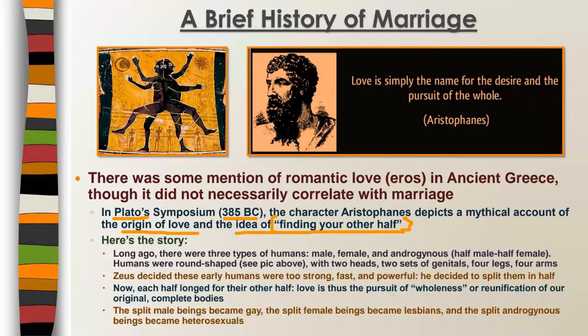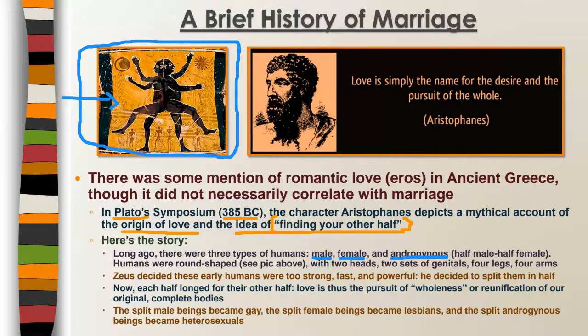So long ago, in ancient times, when the earth was just created, there were three types of humans originally. There was a male human, a female human, and an androgynous human. And humans were kind of shaped like you see in this picture up here. So we were not how we look today.